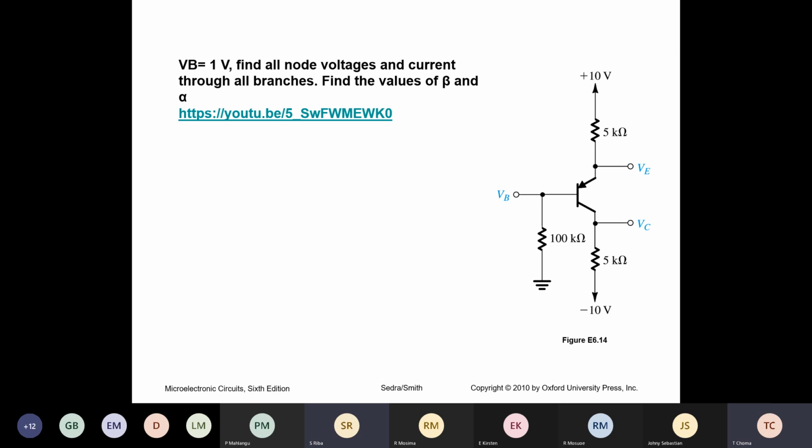So which voltage are you looking for? Voltage at the emitter, this voltage. Can you see a pointer? Voltage at the emitter.